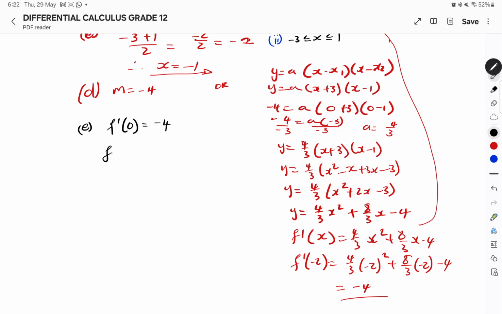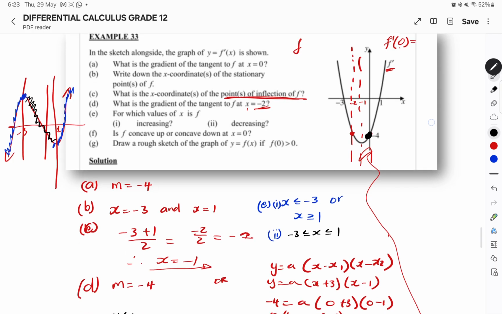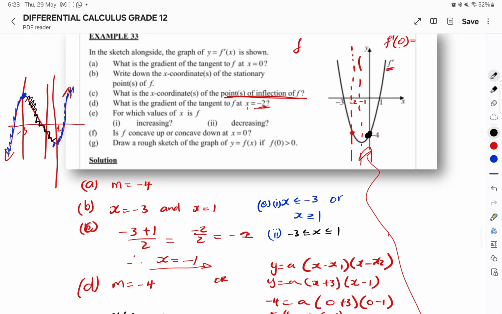Second derivative is equal to 8/3 x plus 8/3. So at 0 it is 0 plus 8/3, which is 8/3. Therefore, the second derivative is greater than 0. Definitely it is concave up. That will be your answer.